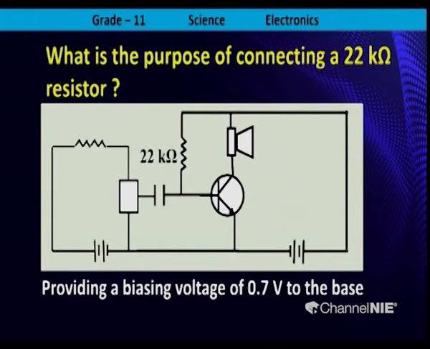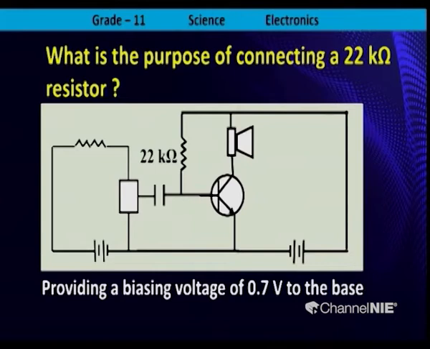What is the purpose of connecting a 22 kilo ohm resistor? You can see this in your textbook also. As you know, it needs only a very low current, so we have to use a 22 kilo ohm resistor to supply the base voltage for the transistor.